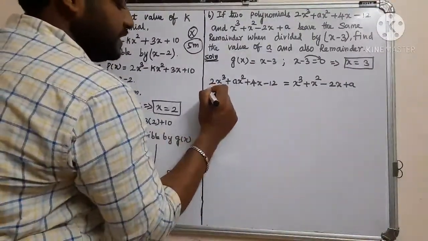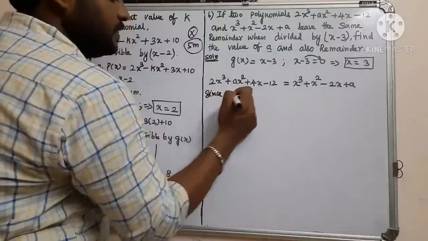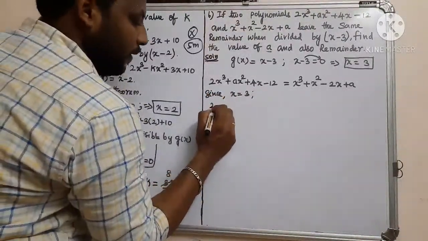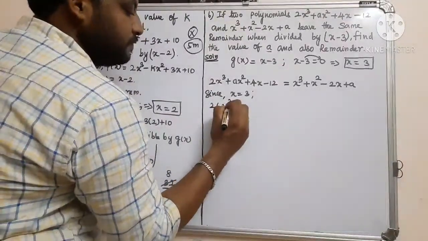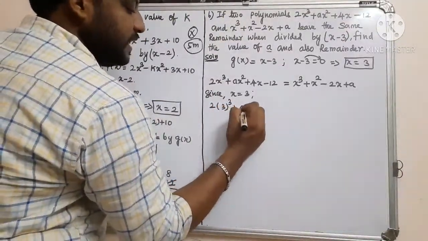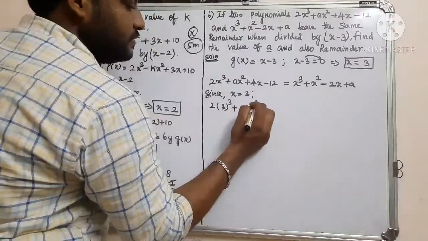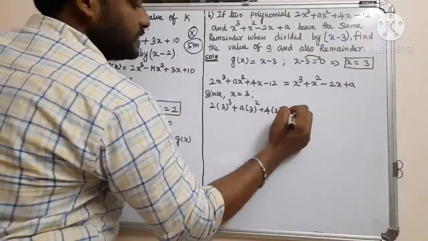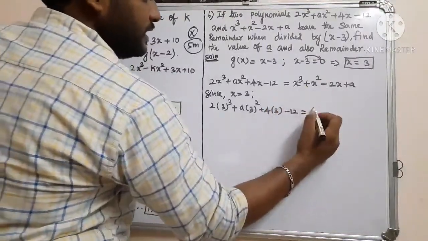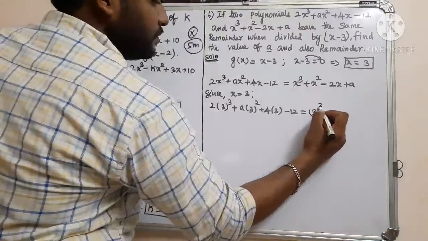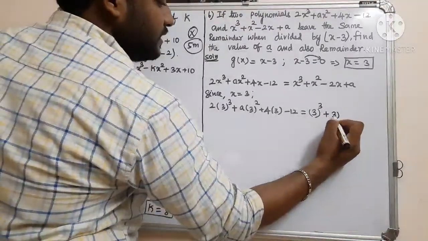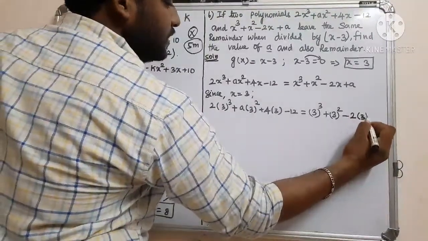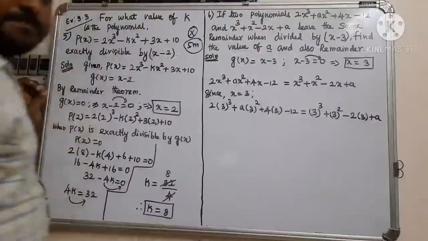So since x is equal to 3, substitute 2 into 3 cube plus a into 3 square plus 4 into 3 minus 12, which is equal to 3 cube plus 3 square minus 2 into 3 plus a.